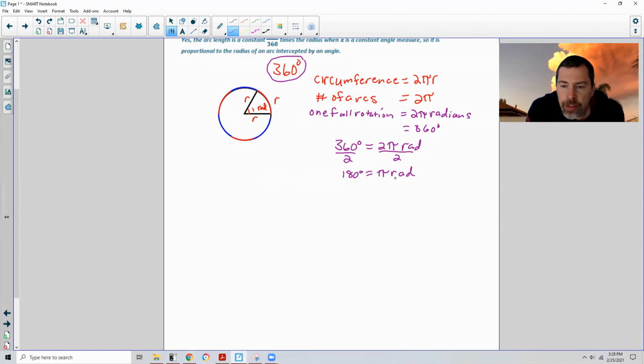Okay, so well, what is 1 radian? Well, if I just want to solve this for radian, I just divide both sides by pi. And when I do that, the pi's cancel, and therefore 1 radian equals 180 degrees divided by pi.